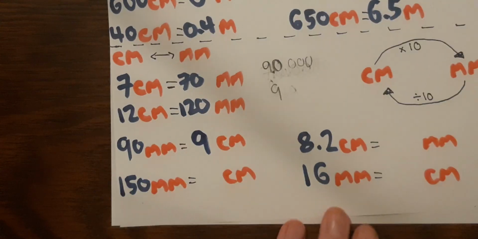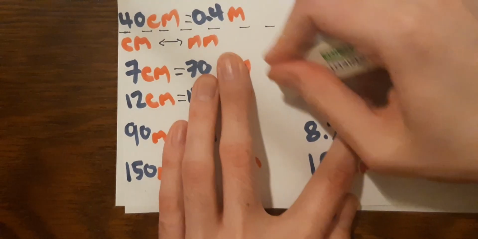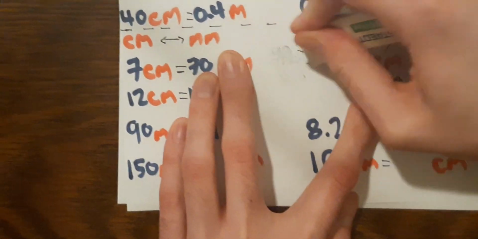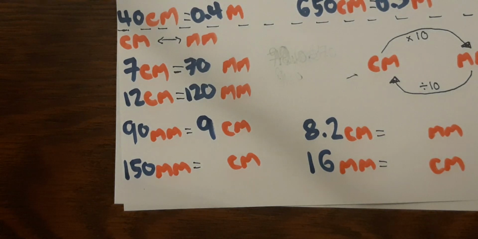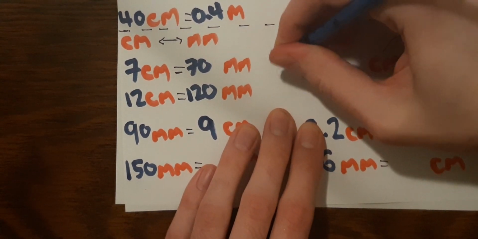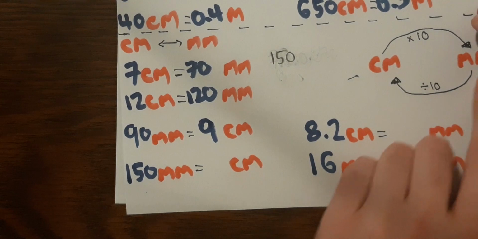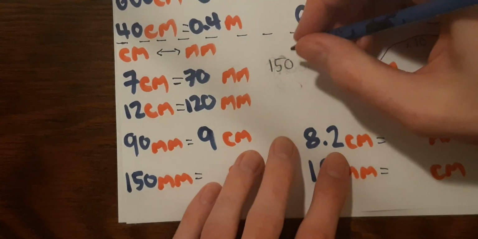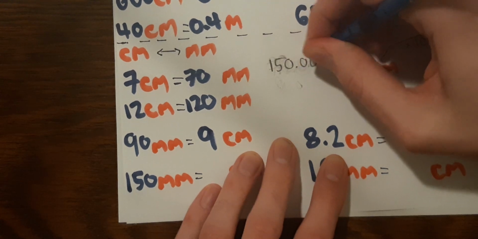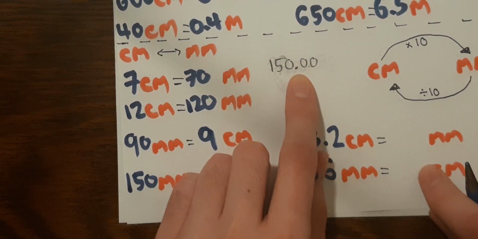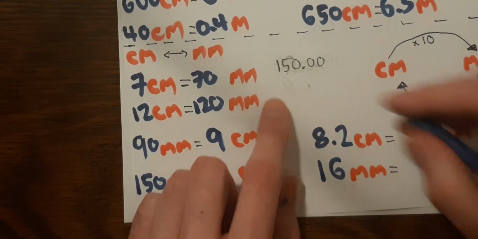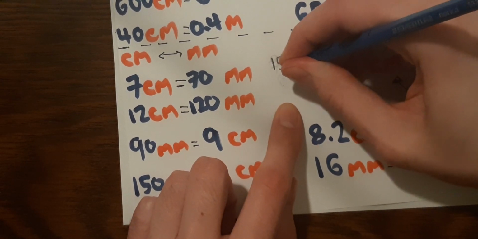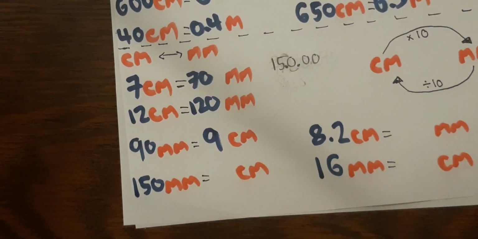Excuse me. Let's do another example and then we'll do a couple tricky ones. All right. So we've got 150 millimeters going to centimeters. How do we do that? We're dividing by 10. Or in other words, take that decimal, move it one spot to the left, puts it here between the 5 and the 0.